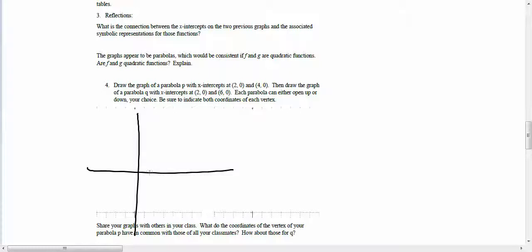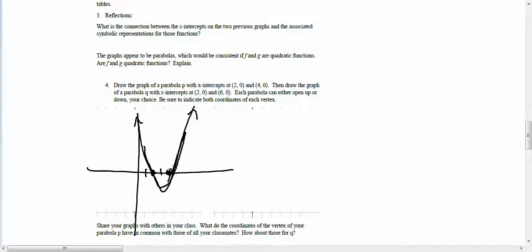The x-intercept is 2, 0, so 1, 2, 1 right here, because that would be x equals 2, y equals 0, right? And 1 right here. Does that make sense? My parabola would look something like this, right? Because that's where it crosses the x-axis.